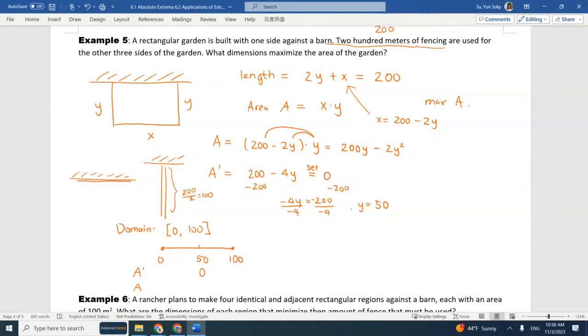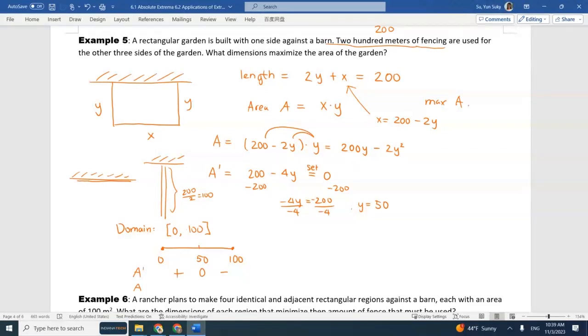So what do you get? 200, yes. And in this interval, what number do you plug in? We plug in 100. What do we get? Positive or negative? So 200 minus 4 times 100 is negative.